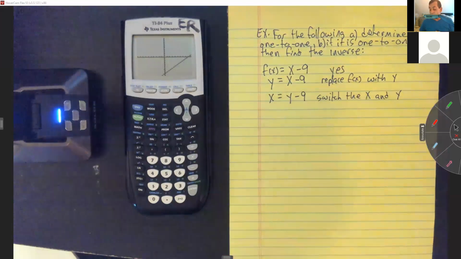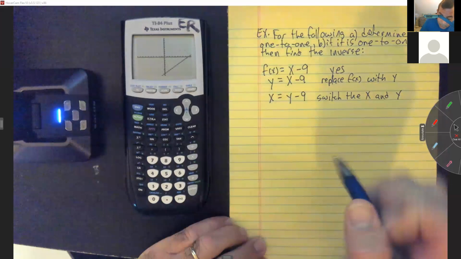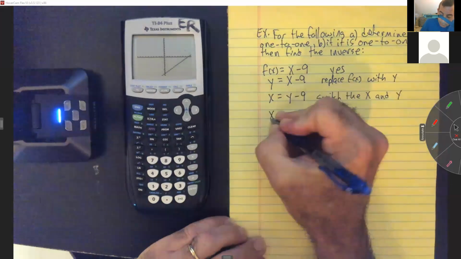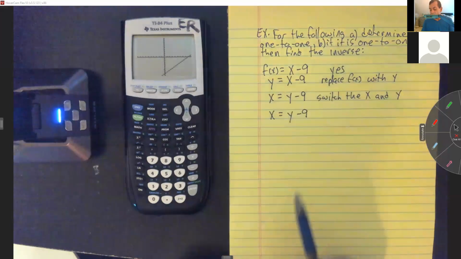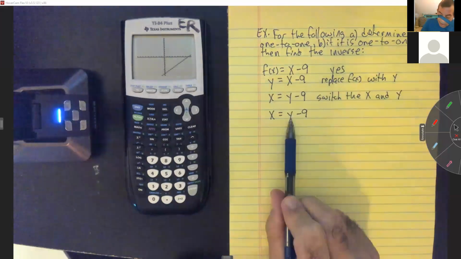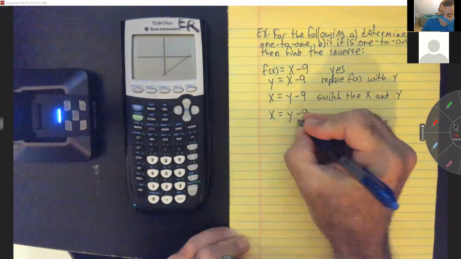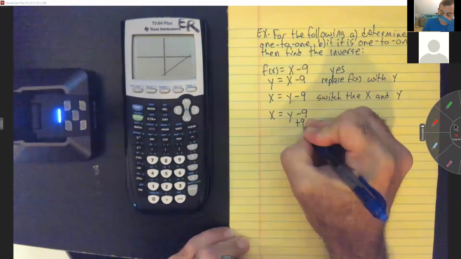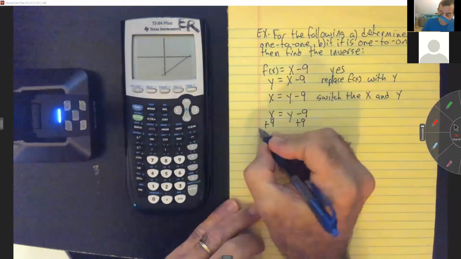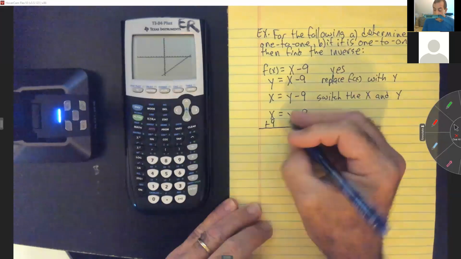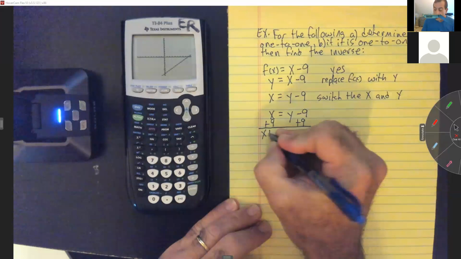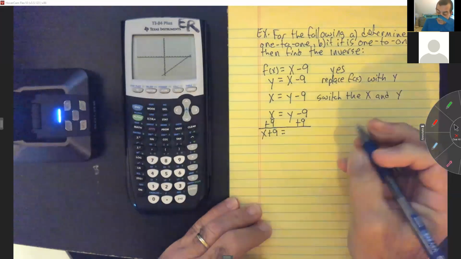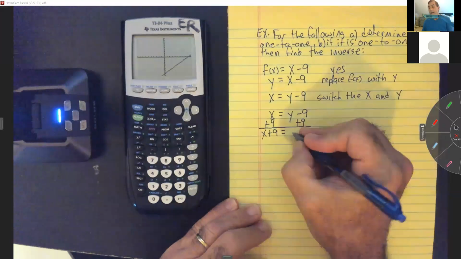Now what you want to do is solve that for the y. So since my y is right here on the right side and it's got 9 being subtracted, I'm going to add 9 to both sides. So that here I get x plus 9, can't do nothing with that. Over here, the negative 9 cancels, and I'm left with my y.